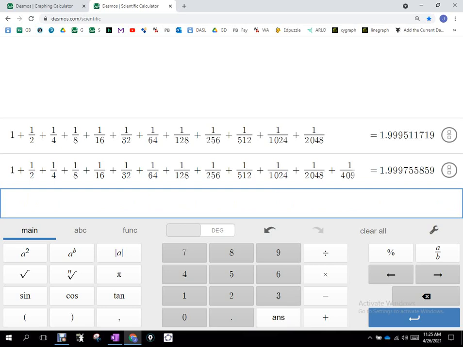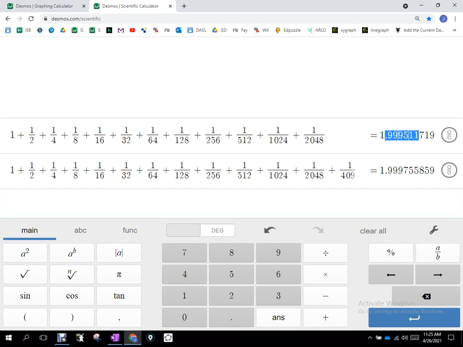Did it change this number much? Look at the difference in those. The difference comes at that 5 and that 7, so that's tenths place, hundredths place, thousandths place, 10,000ths place.